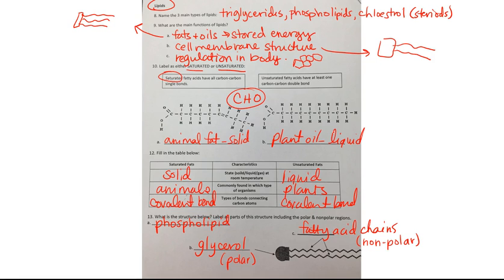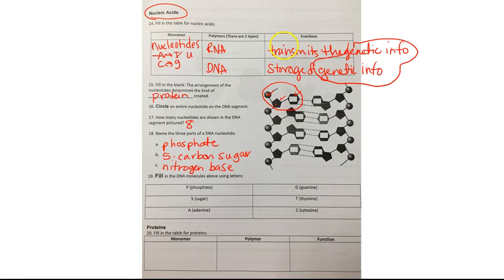So they're the same 3 elements, whereas a nucleic acid has phosphorus and nitrogen. So we have the phosphorus here, the carbon, hydrogen, and oxygen in our sugar, right? And then the nitrogen in our nitrogen base. So there are the elements of our nucleic acid.